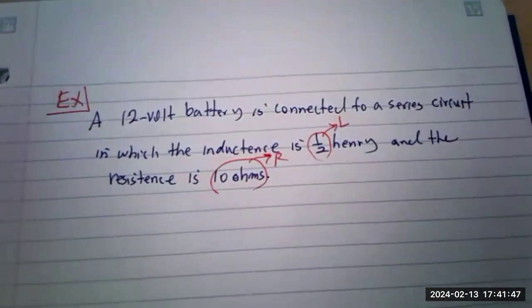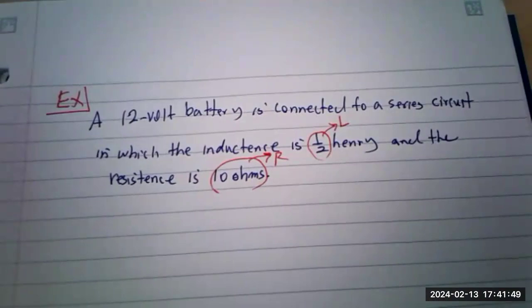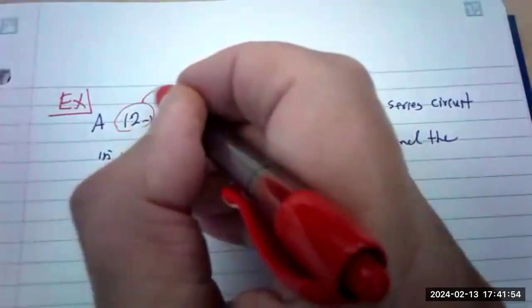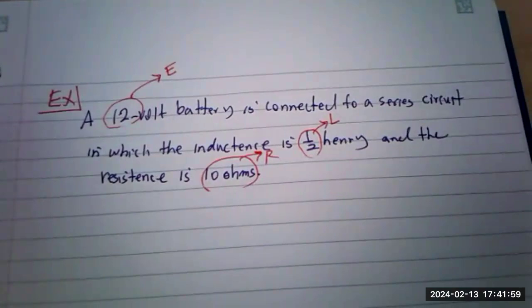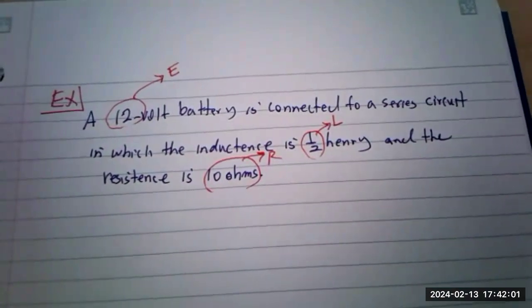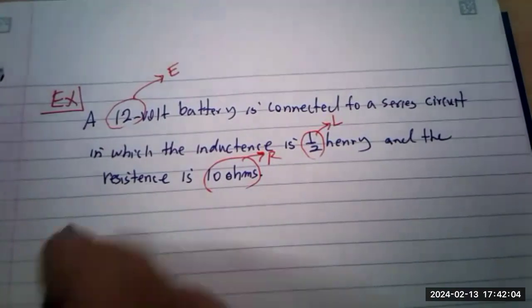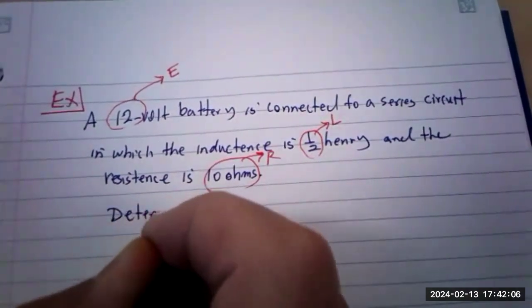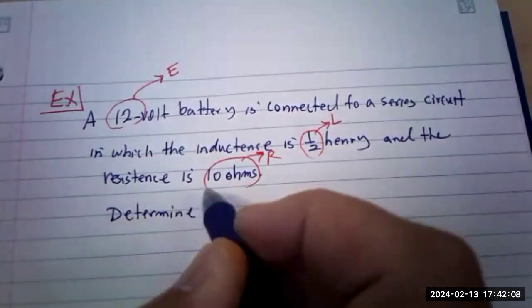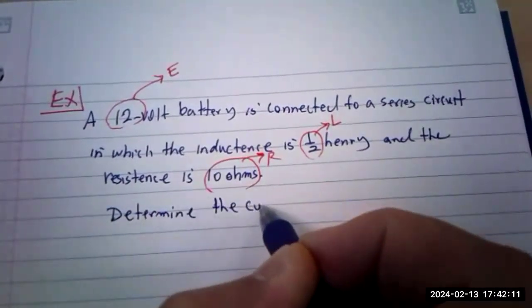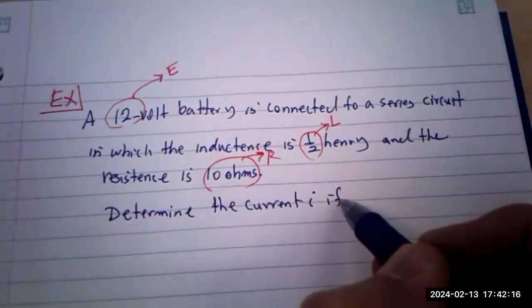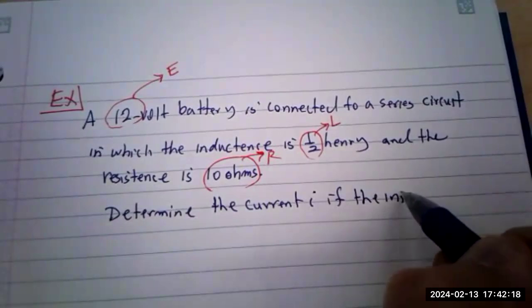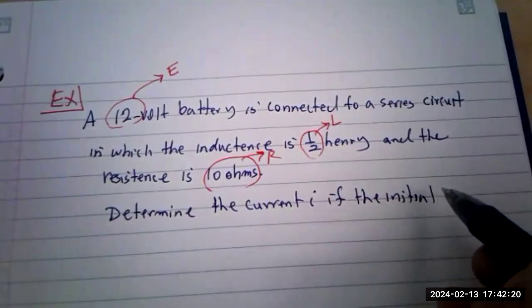Quickly, you can set up that equation. This voltage is going to be your E. Everything is already given to you, so they ask for the current. So whatever you want to do is determine the current I, given the initial value.